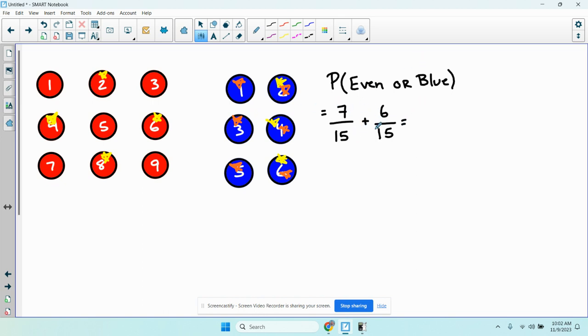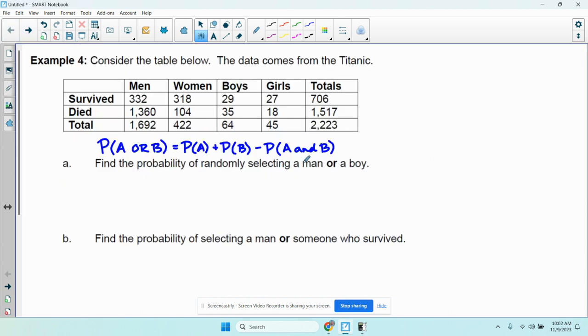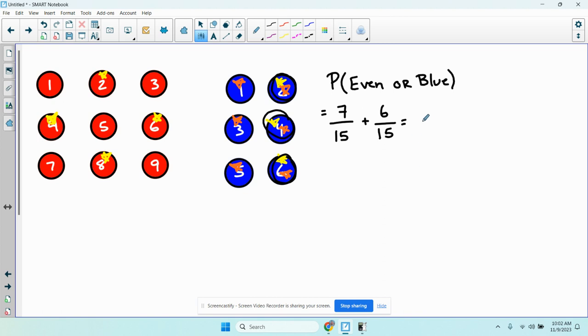That's going to be 13 out of 15, which means there's only 2 that aren't blue or even. But we can see here there's more than 2 that aren't blue or even. The problem is that I've counted 3 marbles twice. I counted these 3 twice, which are the blue even marbles. Those are the ones that are blue and even. So I have to subtract those.